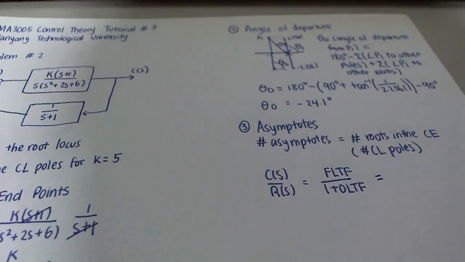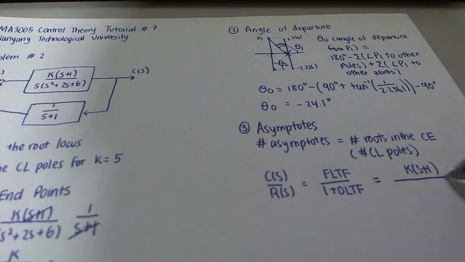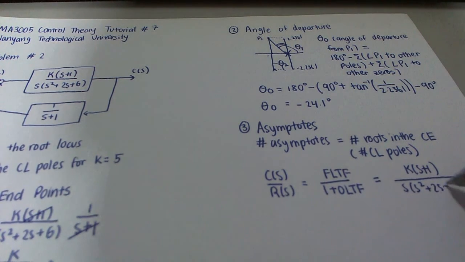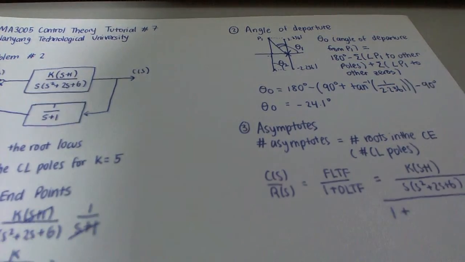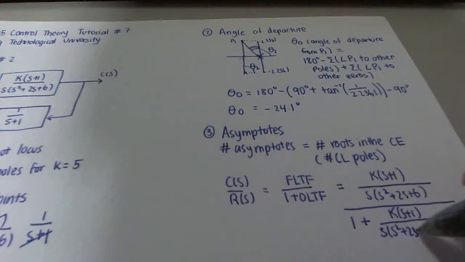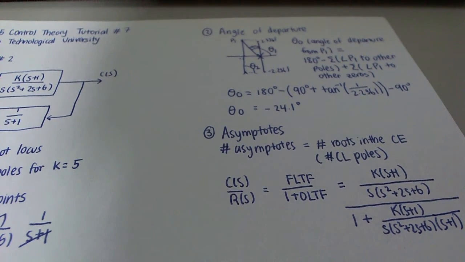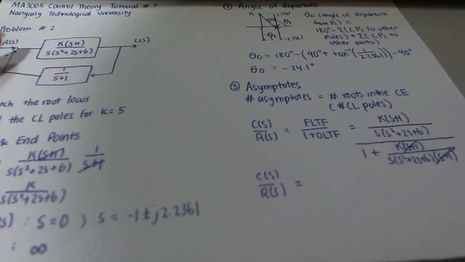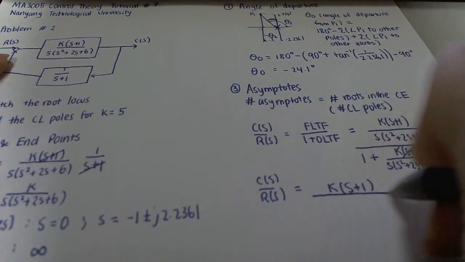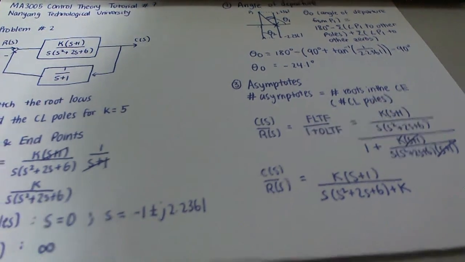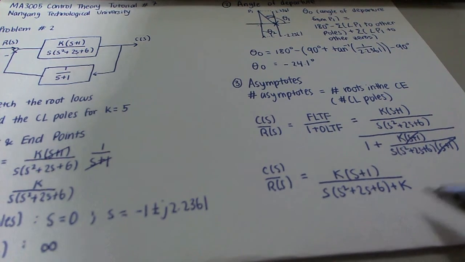And what we have is K(s+1) over s multiplied by (s squared plus 2s plus 6), divided by 1 plus K(s+1) over s multiplied by (s squared plus 2s plus 6) multiplied by (s+1). Cross multiplying those two terms, we have C(s) over R(s) equals K(s+1) over s multiplied by (s squared plus 2s plus 6) plus K. So that is our closed loop transfer function, and we know that there are 3 roots in the characteristic equation.